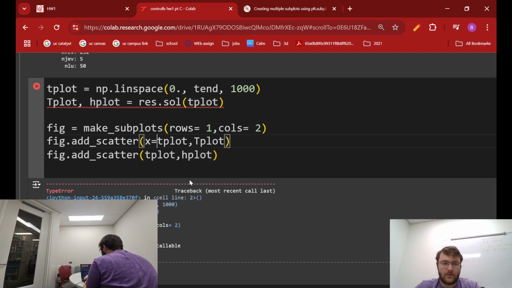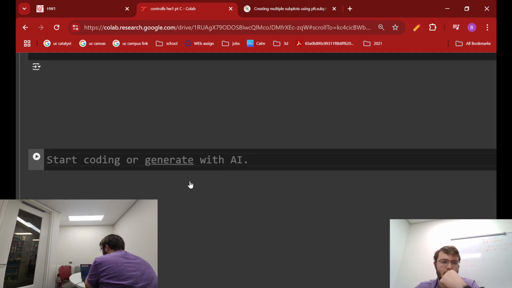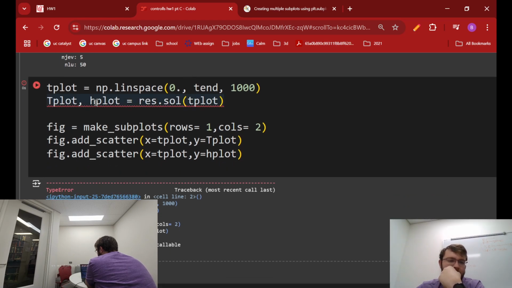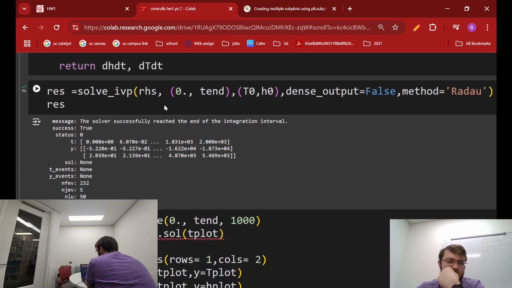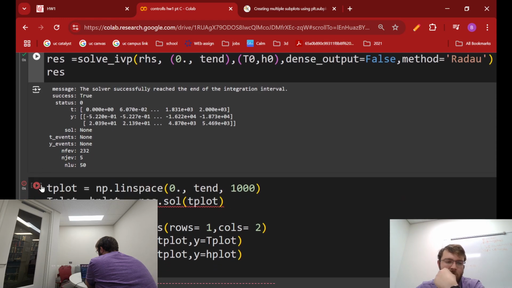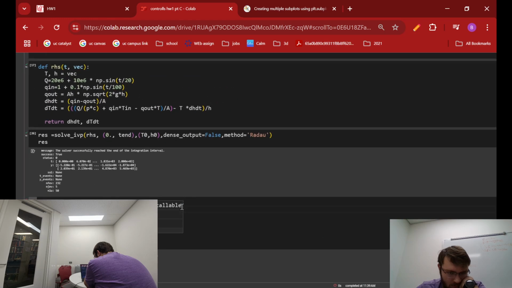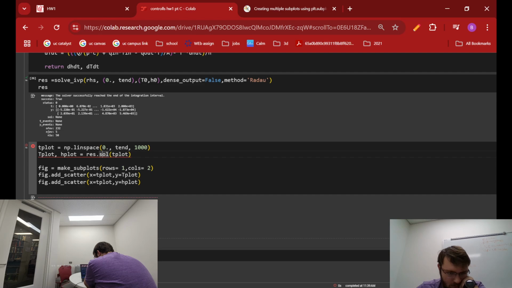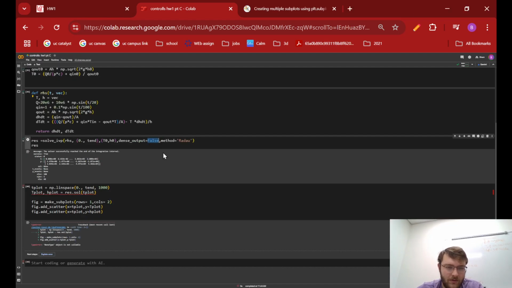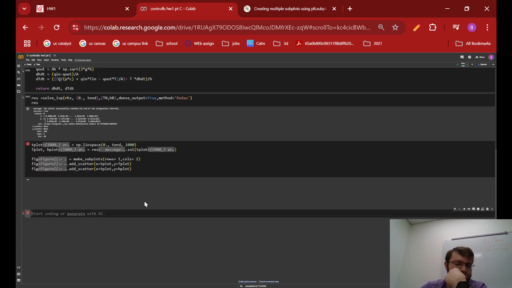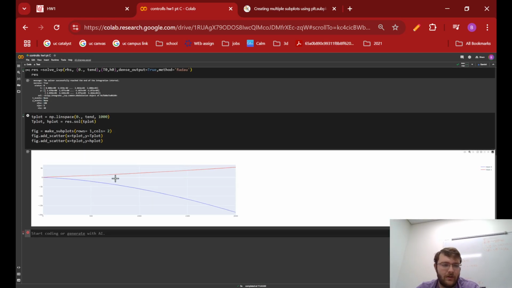I have to label these as X and Y. Okay, so the first mistake that I have found is this needs to be true. Okay, so now they're on the same plot.